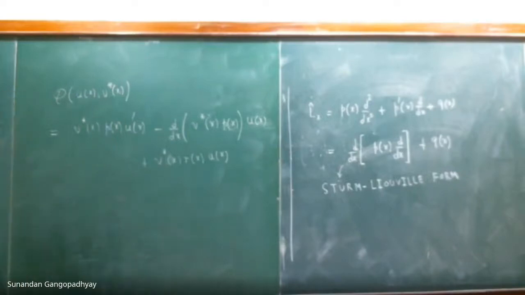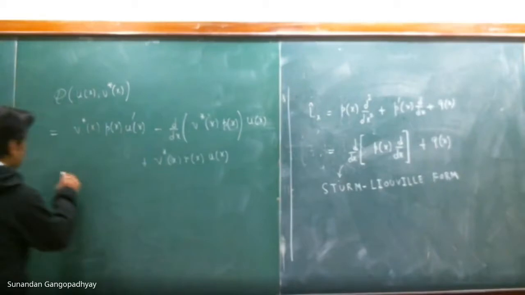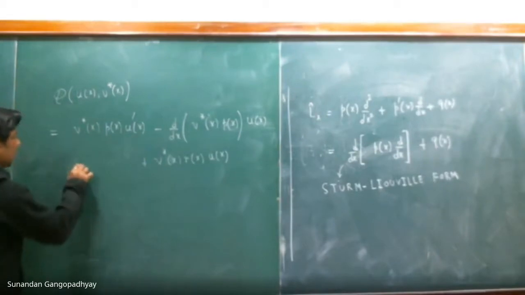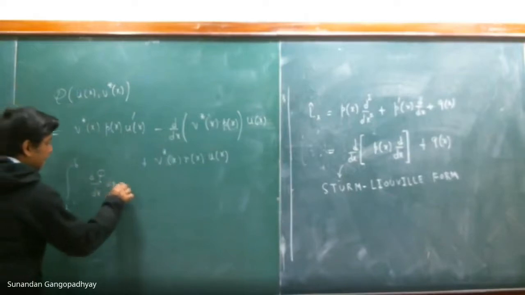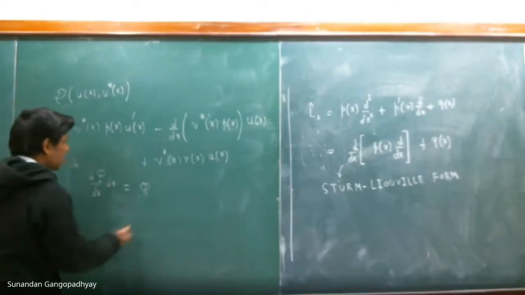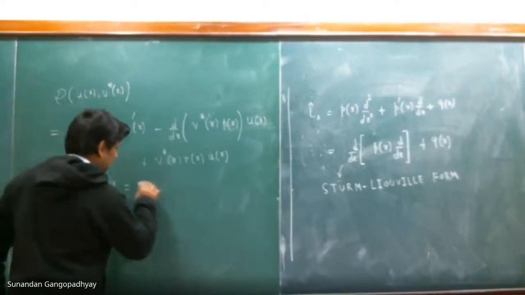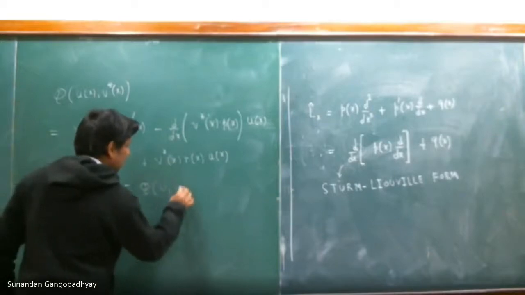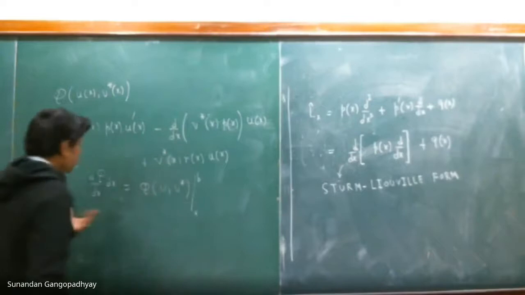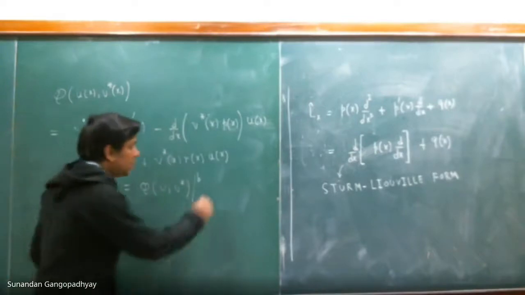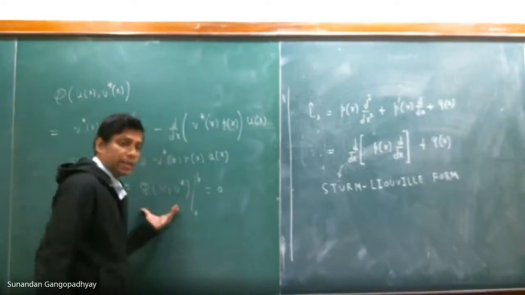So now the boundary conditions come from the fact that if you integrate this, then this gives us the function Q and V star at the points a and b. And now you demand that this term is 0. If I demand that this term is 0, then that imposes the boundary conditions, right?